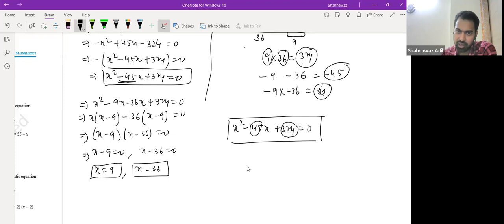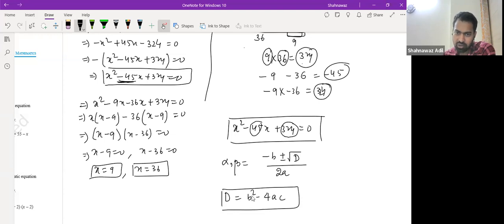In the quadratic formula, you remember, this is minus b plus minus root of d by 2a, where d is b square minus 4ac. You see that these are squares and multiplications, and then we have to take the root of that also. So whenever we have big numbers, we use the middle term splitting method.